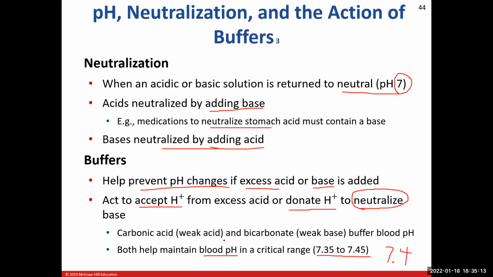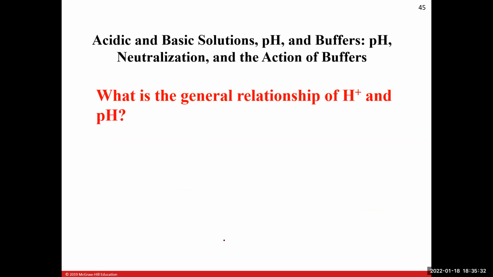If it starts to become too basic, no problem. These buffers will start to donate hydrogen ions to swing the pH value of your blood into that range of 7.35 to 7.45. And this is constantly happening all the time.